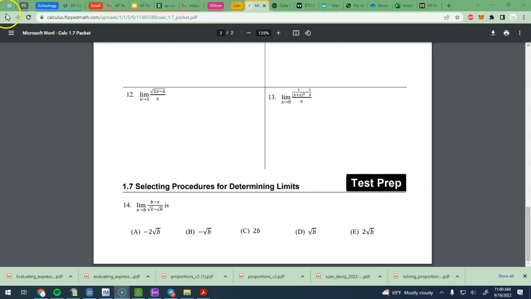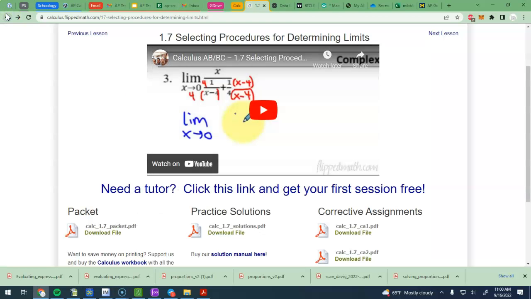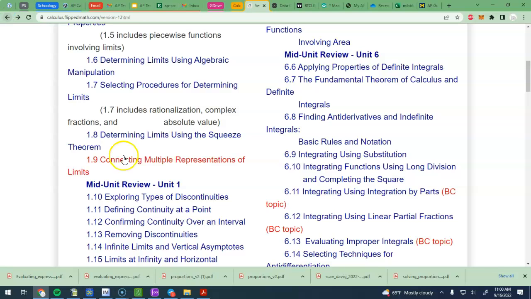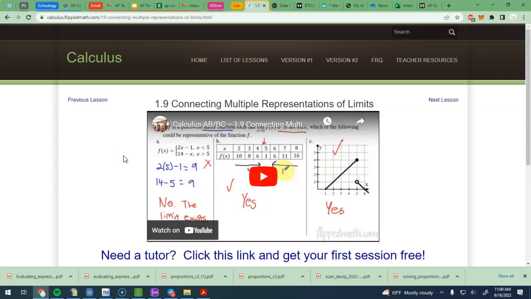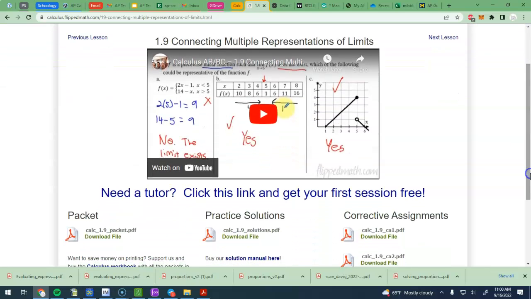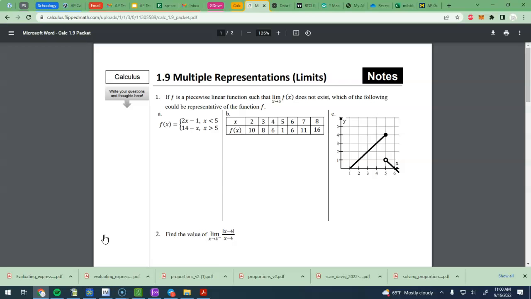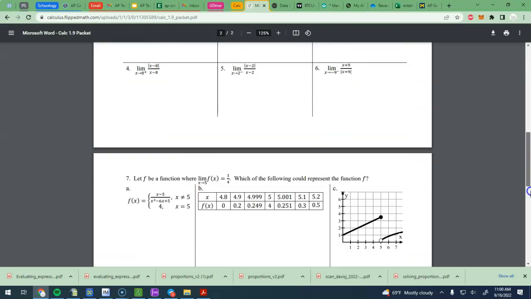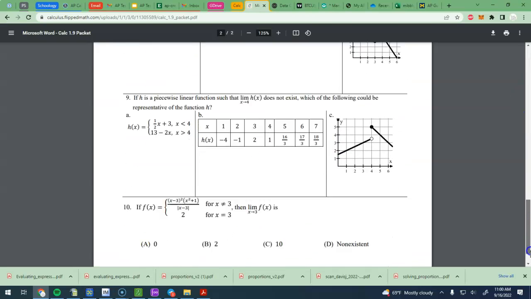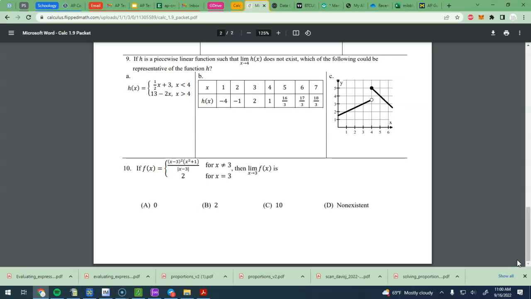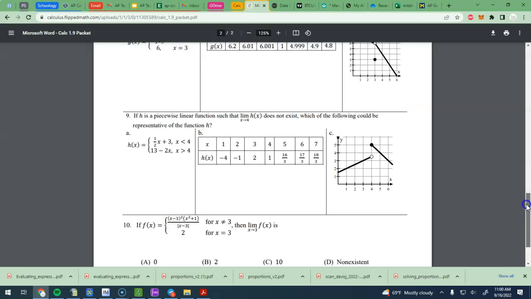Okay, so let's go to 1 9. First of all, you can skip number 10, so you can cross out number 10. I'm not worried about it.